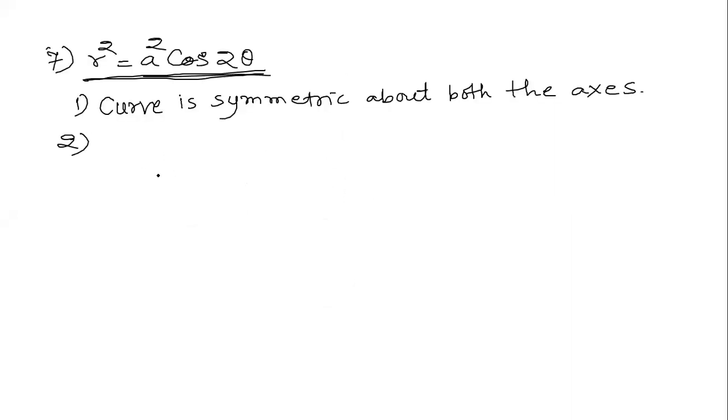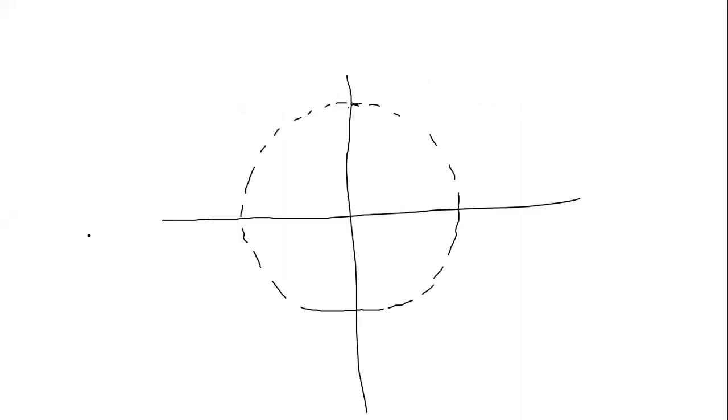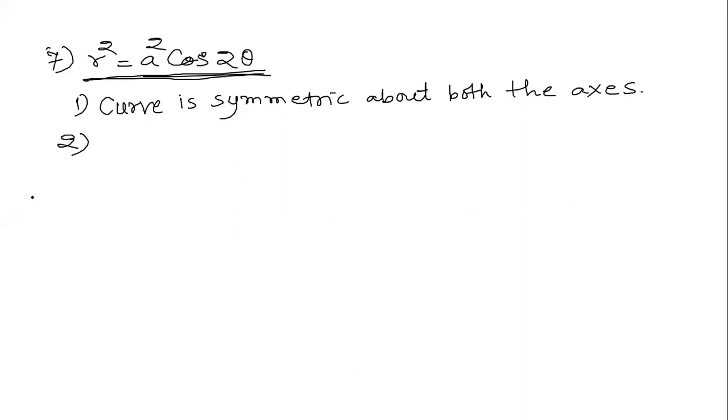Meanwhile I am drawing a circle. Okay, this is the circle. Then we must have a table also: theta, r, and here tan phi.